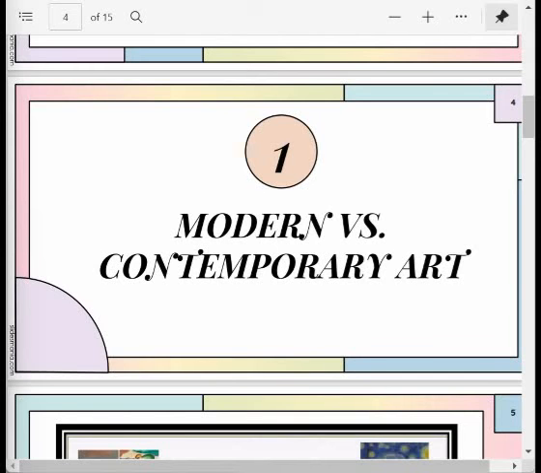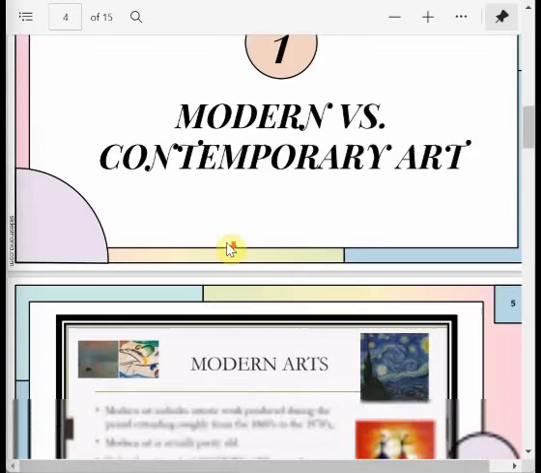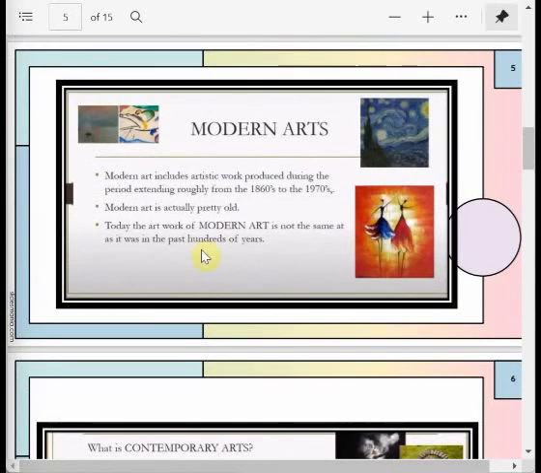So to better make sense of contemporary art, perhaps it is best to go back to the predecessor, modern art. Modern art includes artistic work produced during the period extending roughly from the 1860s to 1970s. Modern art is actually pretty old.